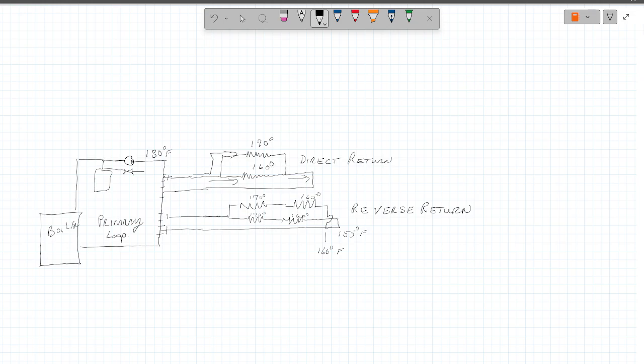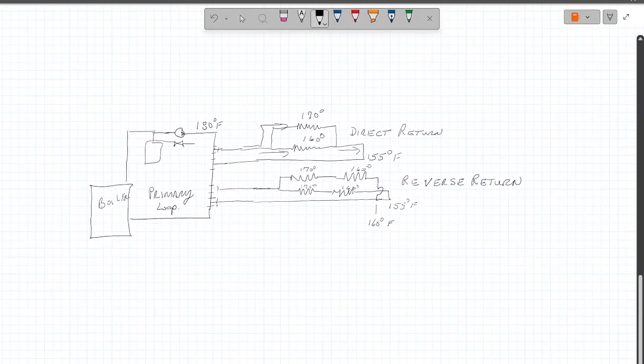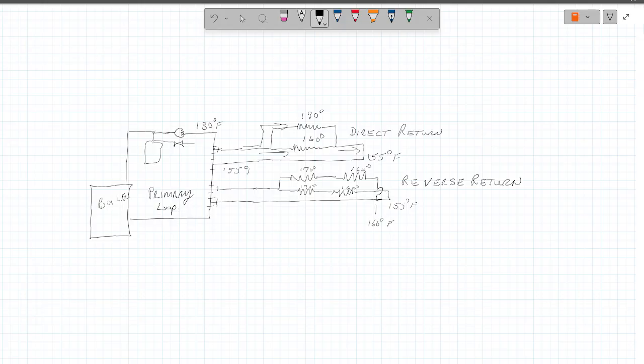That means when this comes back, this is 155 degree water here. With the system that we designed, we're going to come back here and be 180 coming in and mixing 155 here. And we're going to keep pushing 180, 155. So we literally have 25 degree.